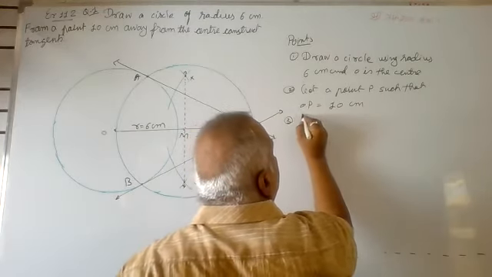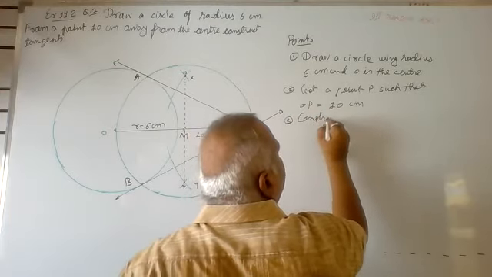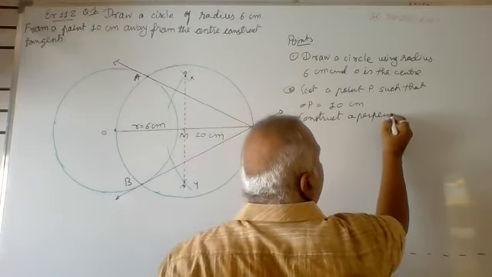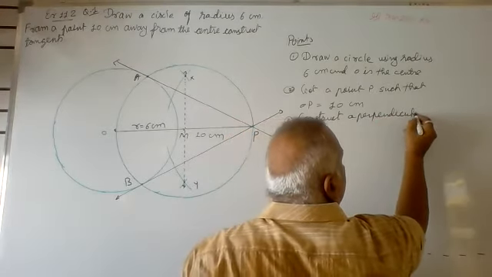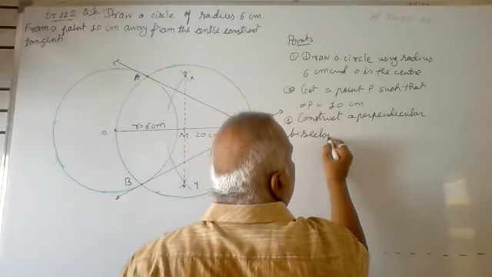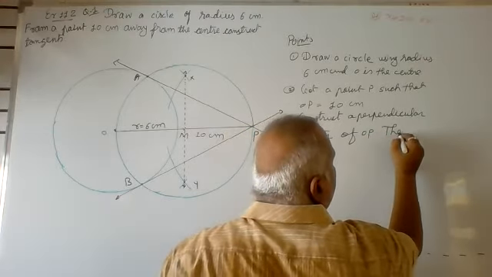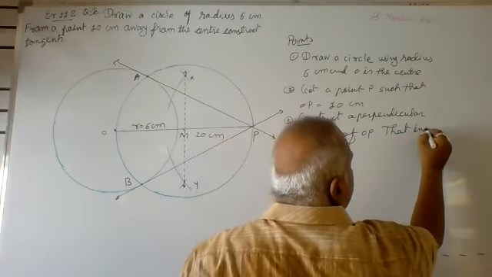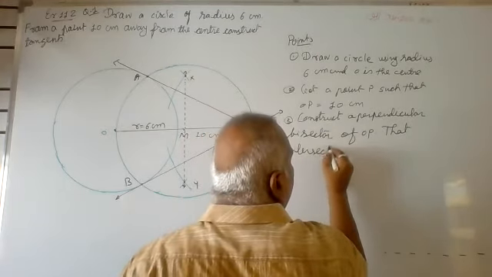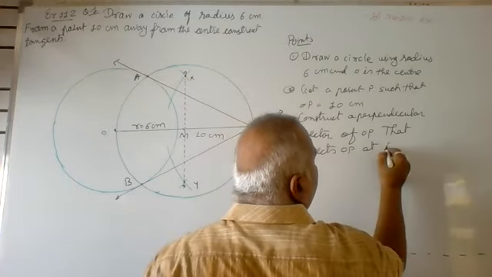Number 3, construct a perpendicular bisector of OP that intersects OP at M.